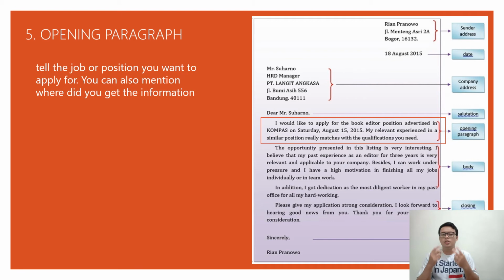The position is very important because sometimes a company provides job vacancies for different positions at the same time. So you need to write what position you want to apply for, to match with your background knowledge, skills, and etc.